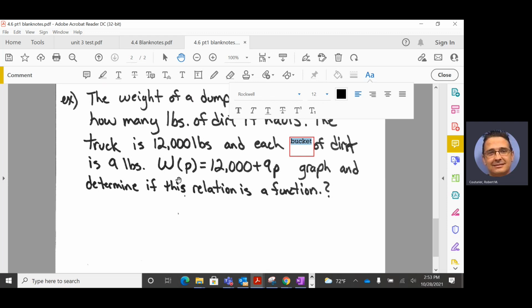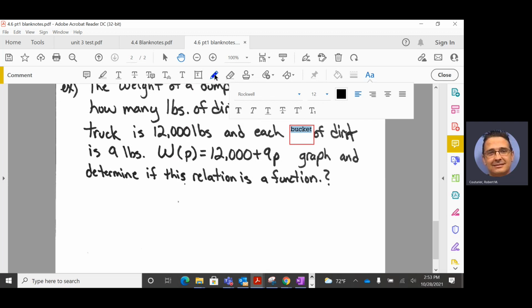Okay, they want to know what is the function W of P equals 12,000, that's the weight of the truck, plus 9 pounds, and P must represent the bucket. Graph and determine if the relation is a function.